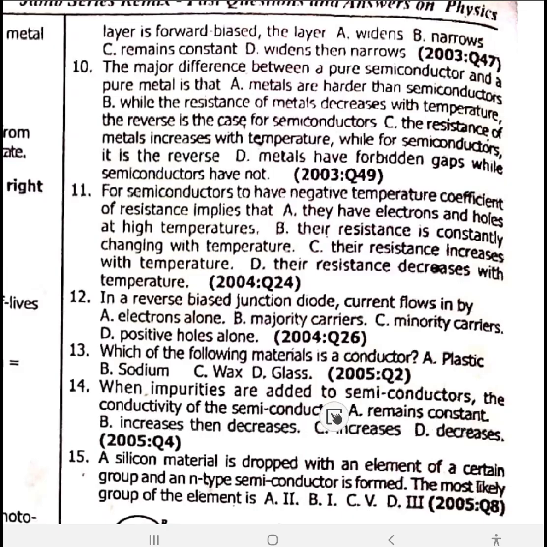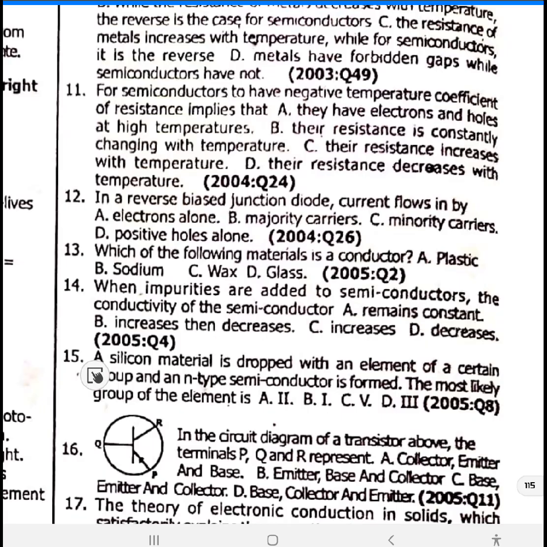14, when impurities are added to a semiconductor, the conductivity of the semiconductor would do what? This is what they call doping. Doping enhances conductivity, so it increases. Option C. 15, a silicon material is doped with an element of a certain group and an n-type semiconductor is formed.